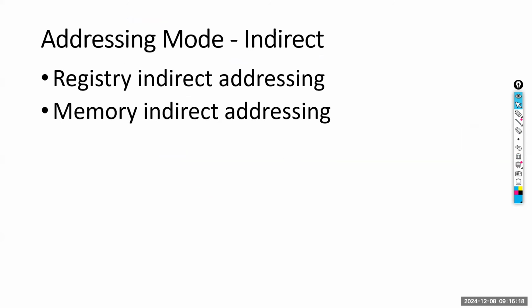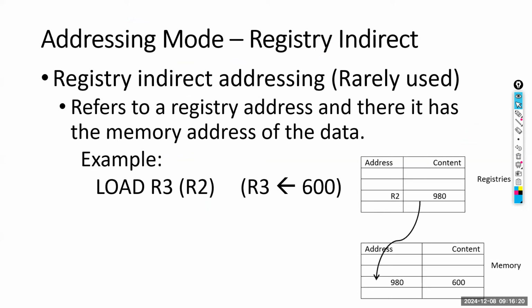So now we move on to indirect. As the name suggests, we are not directly telling the address. We indirectly tell the address. In this case, when you refer to an address, that is not the address of the content.